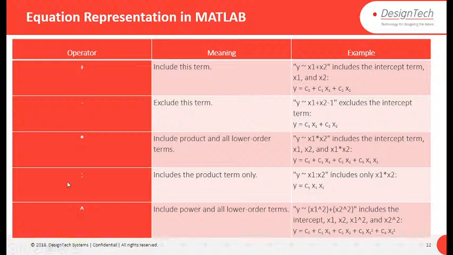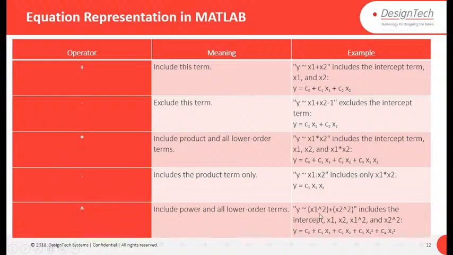Or you can also use the product term. Let's say you don't want the product term, so you can exclude that product term. Or if you want just the product term only, your equation will be like this, meaning you are emphasizing that you want just the product term of both inputs. So in this case you are going to use this sign, okay?